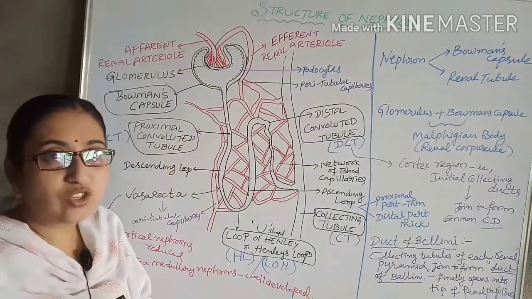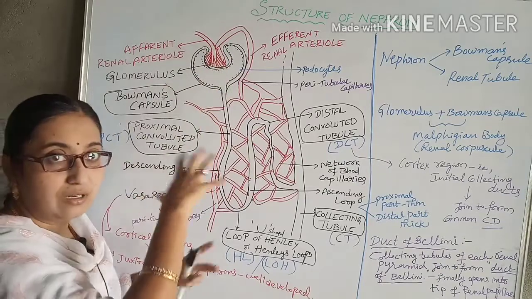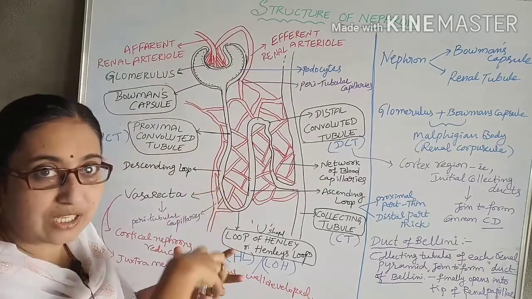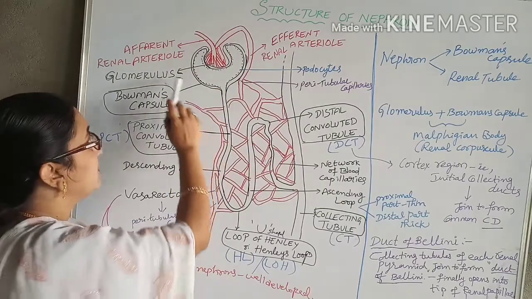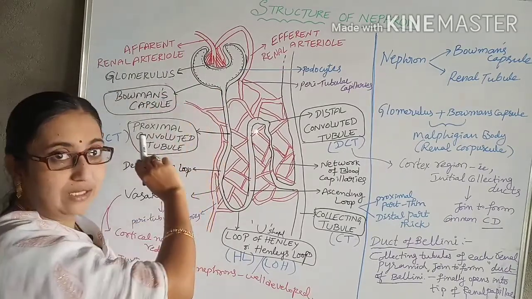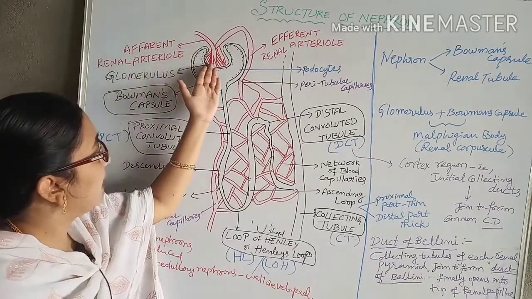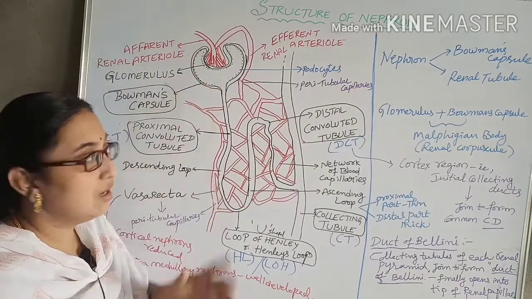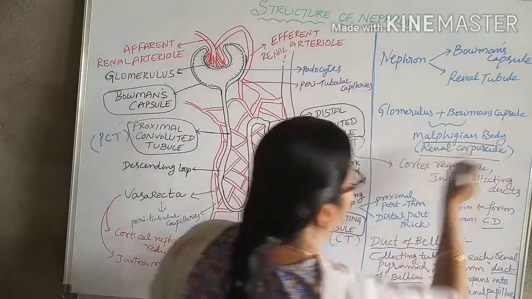So these are the bunch of blood capillaries which enter into the Bowman's capsule, embedded in the Bowman's capsule's cup. So the bunch of the network of blood capillaries forms the glomerulus. Okay. So the network of capillaries along with the Bowman's capsule forms the Malpighian tubule, that is called renal corpuscle.